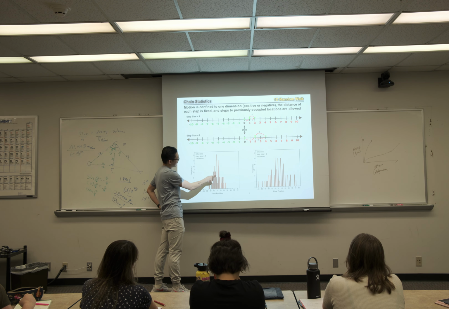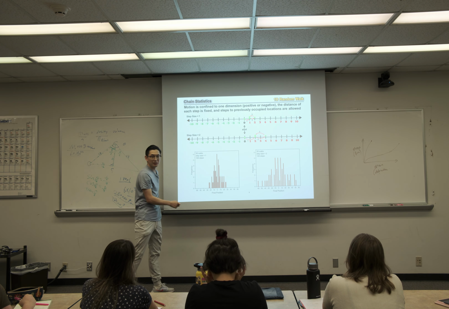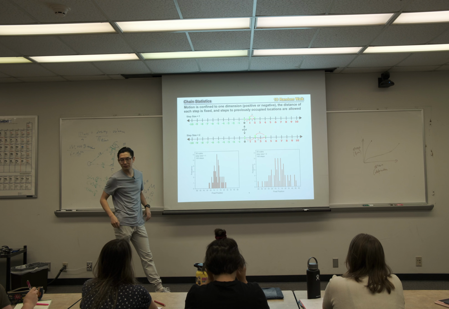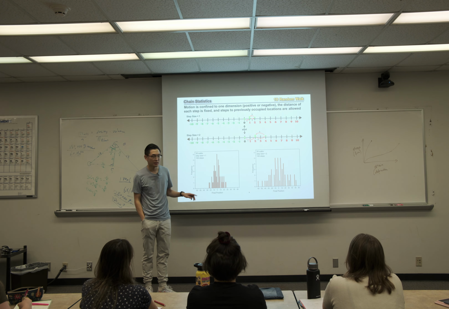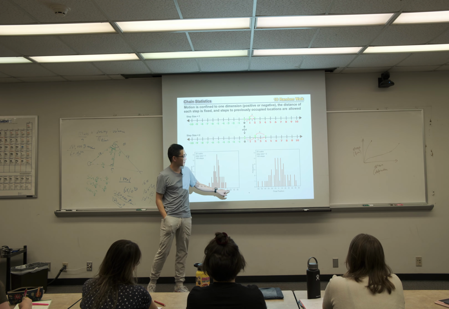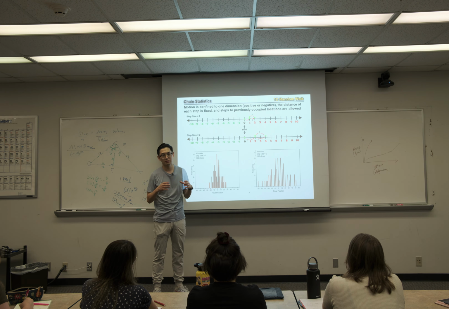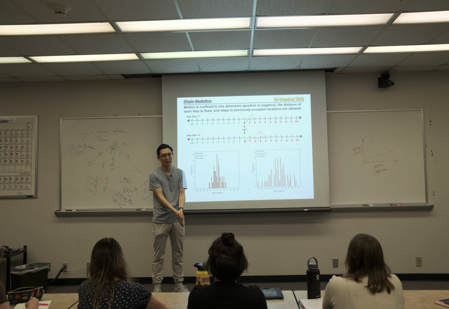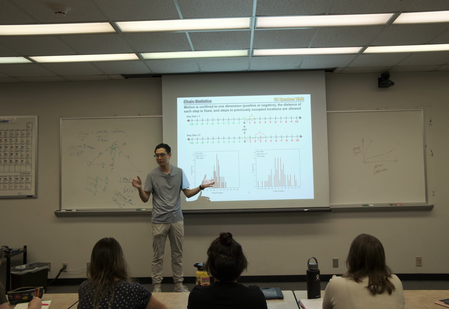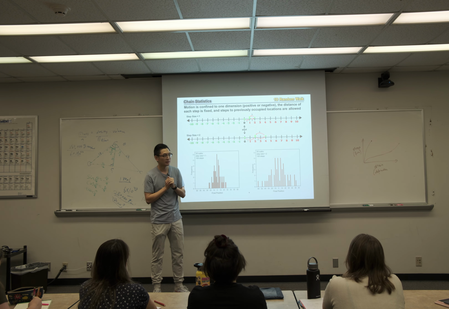You can see there's a good chance you end where you started, but there's also a possibility that if you move 100 steps, you end up at 25. So it pretty much follows what's called a Gaussian distribution, which means you have the highest chance of ending up where you started, because going forward and backward is the same. Then it tapers off at longer distances away from there. Okay?